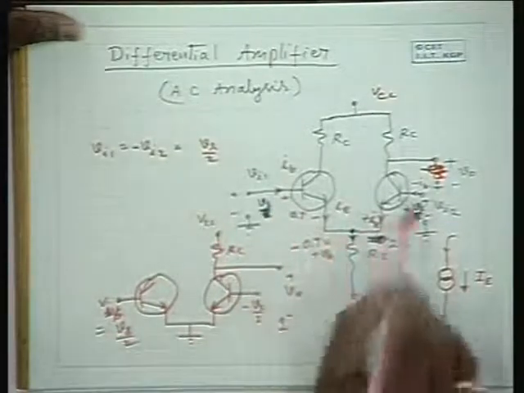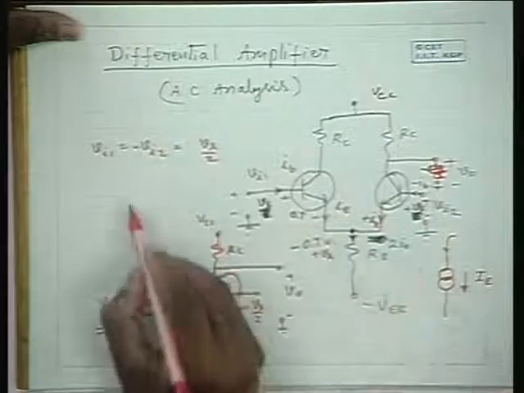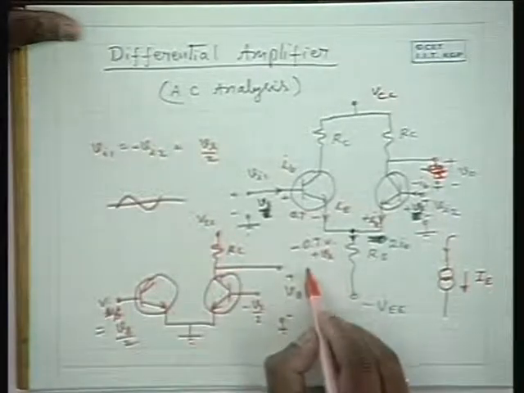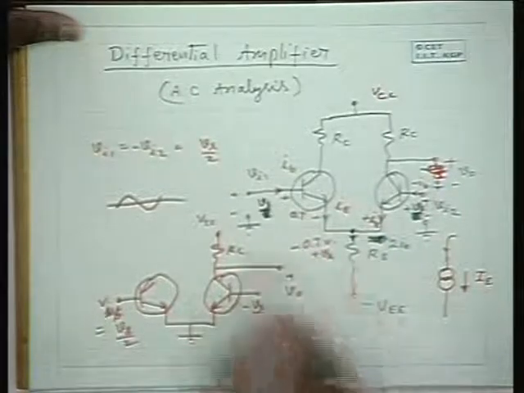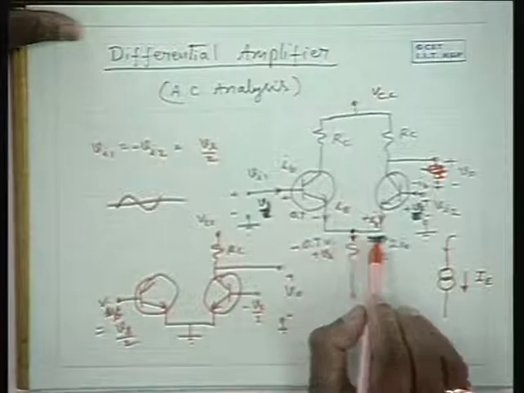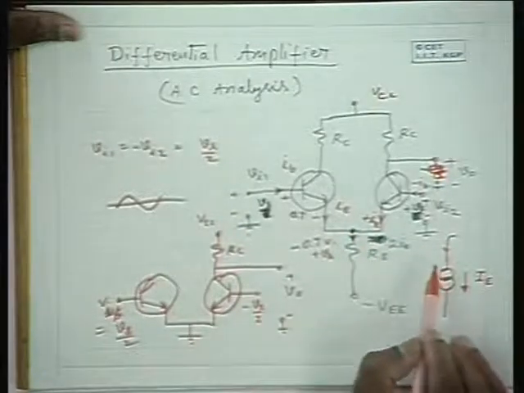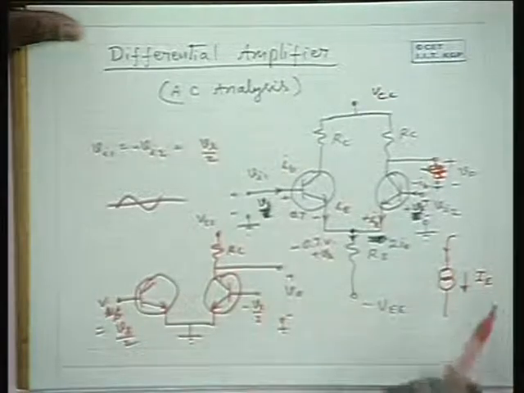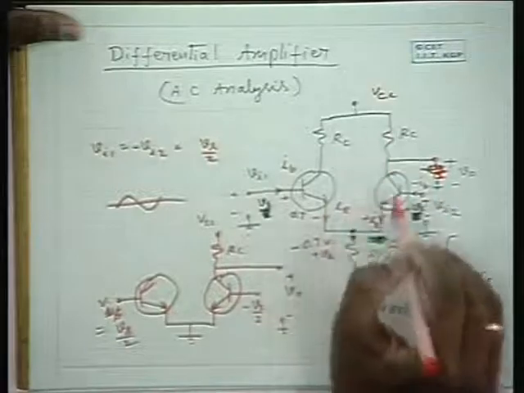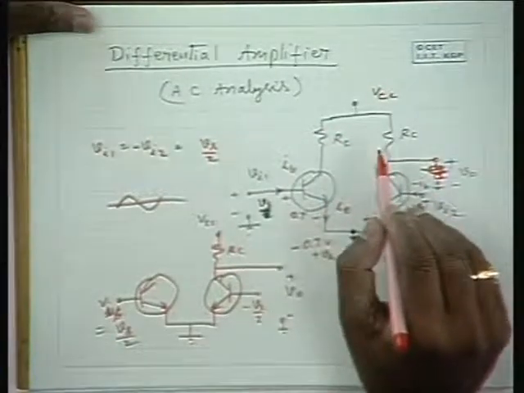That means VBE still remains 0.7 volts irrespective of the alternating signal here. If you apply an alternating signal like this, VBE will be 0.7 plus this alternating signal. So, the voltage here is changing, but the current still remains the same. Hence, only the biasing current flows and no alternating current flows through RC.